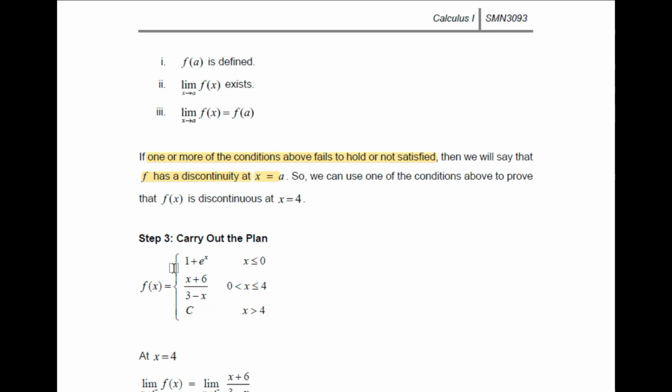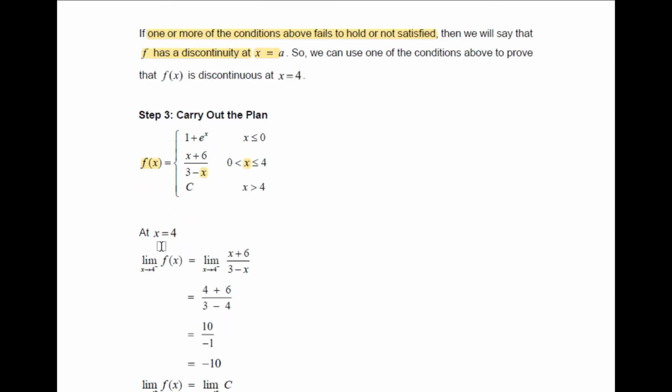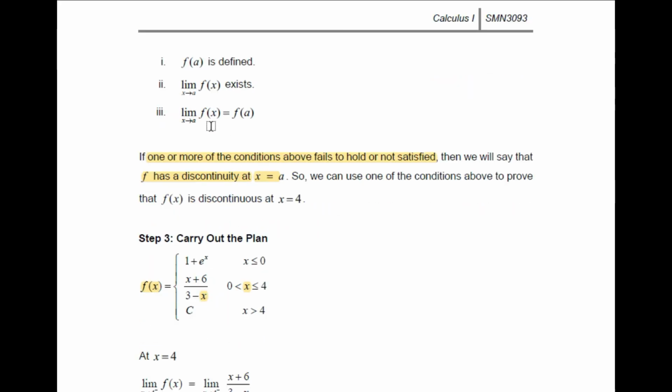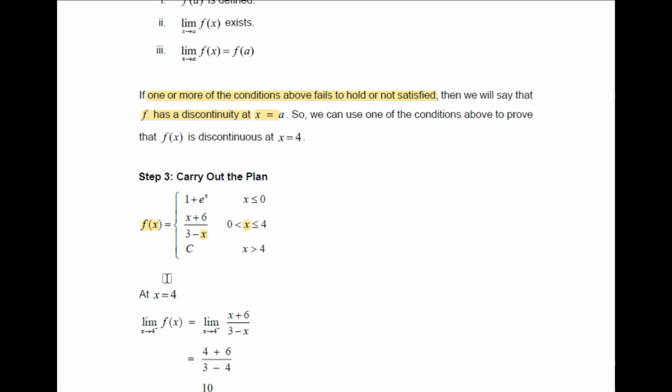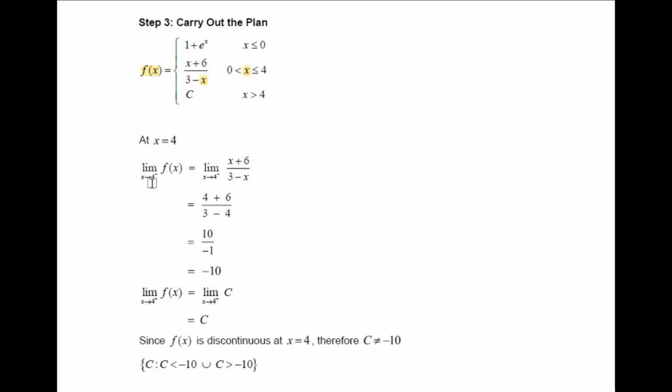Next, step 3, carry out the plan. Okay, this is the piecewise function. For this question, we need to find the value of c. To carry out the plan, we can use the second condition to check the continuity. So at x equals 4, we consider the two-sided limit.